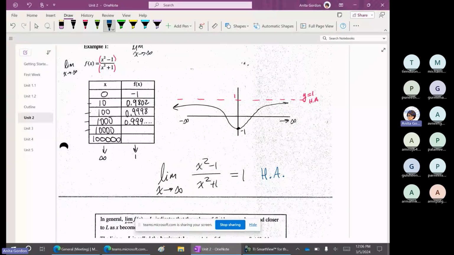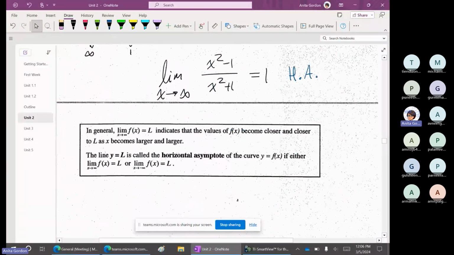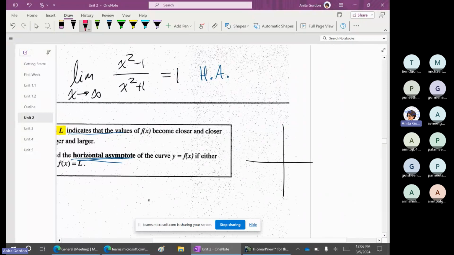Okay, so our theorem here in general: if the limit as x gets arbitrarily big, so as it goes off to infinity, equals a specific value L, this indicates that we have a horizontal asymptote. Okay? Now again, remember when we did vertical asymptotes? As x approaches some number, we had the graph going up like this and sometimes down like this.